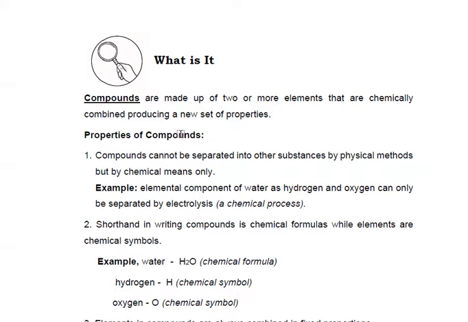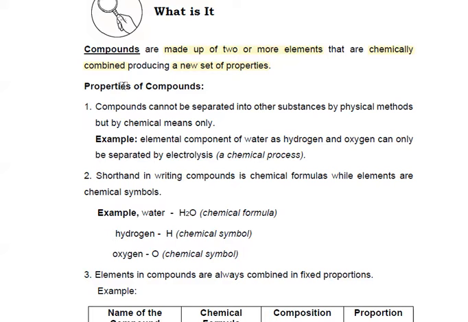What is a compound? So, again, it is made up of 2 or more elements that are chemically combined, no? Producing a new set of properties. So, here, you have different types of properties of compounds.